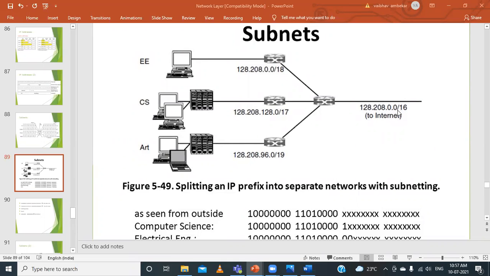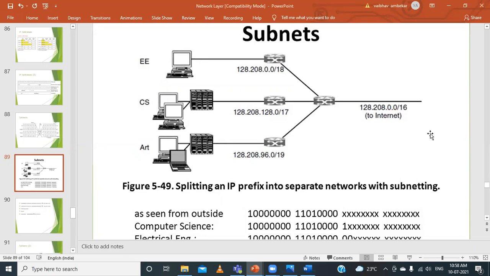And there is another type of notation that we call /16, or slash notation. This means that the starting 16 bits are common. What is the meaning of this? 128.208.0.0 /16 they are telling. This means that the starting 16 bits are common and the remaining bits can change.